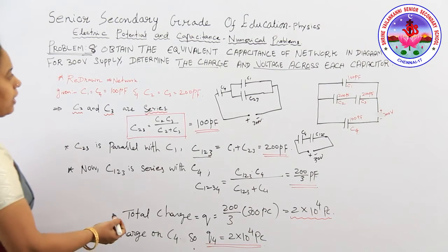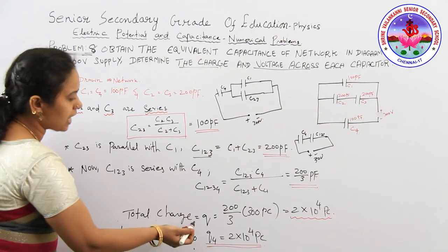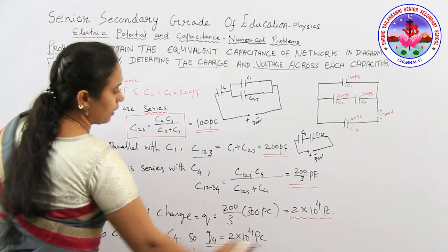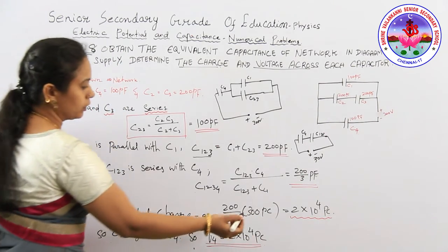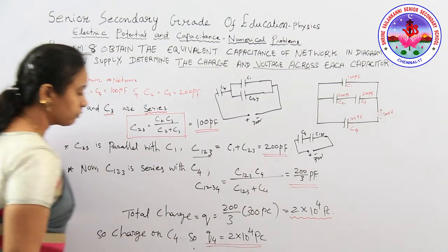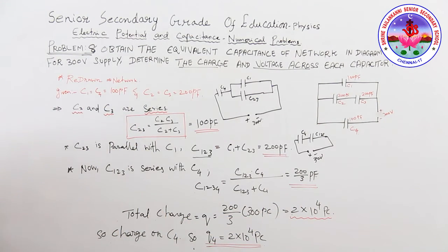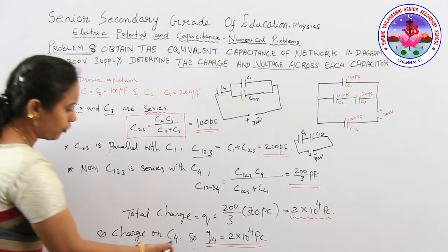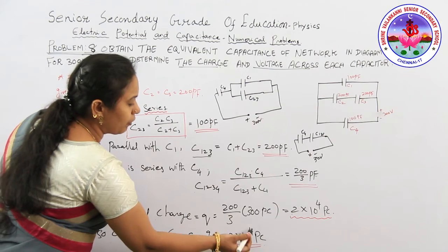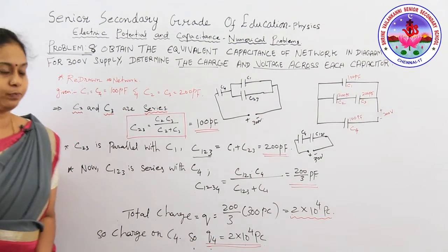First we can see the charge. The total charge Q is 200 by 3 into 300, so 2 into 10 power 4 we got it. The charge value for C4, we can take Q4, is 2 into 10 power 4 picocoulomb.